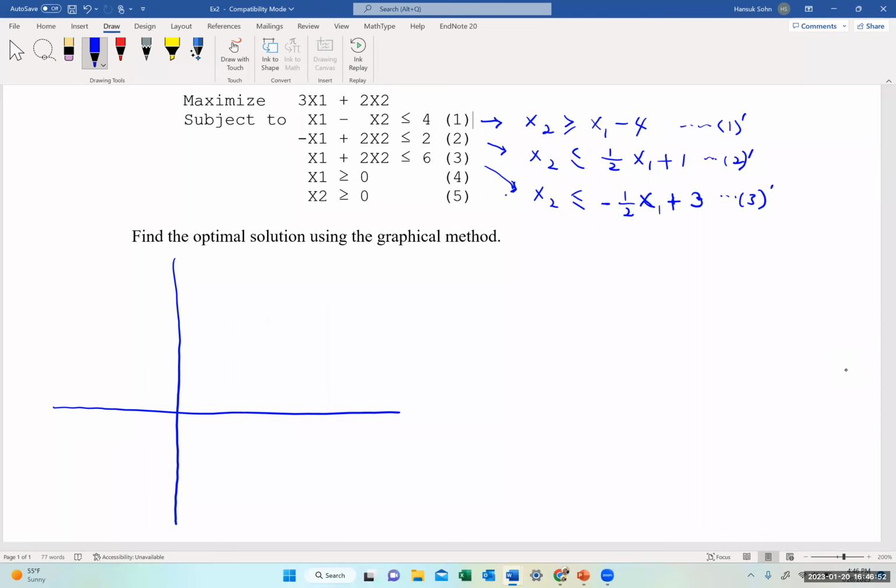Good. And let's say this is going to be the x1 axis and then the x2 axis.